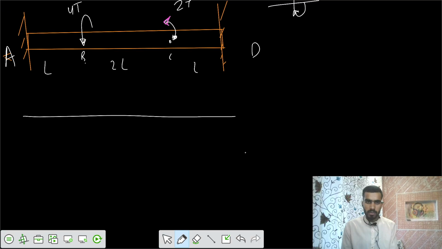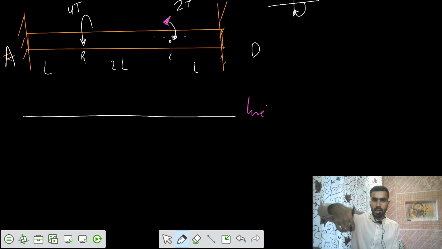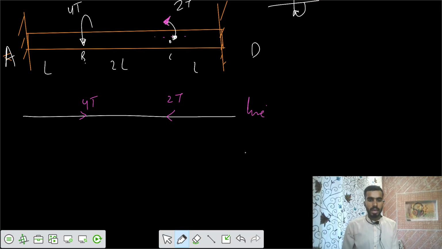For this one, the arrow should be in this way. This is clockwise about this axis. If you want to make the line diagram, you're rotating that clockwise, that means the thumb points towards the support A. This is 2T, and you're applying anti-clockwise 4T, that means the thumb points towards support D. Now I can say there is some net value of 4T in this direction minus 2T in the opposite direction, so a net value of 2T in this direction.